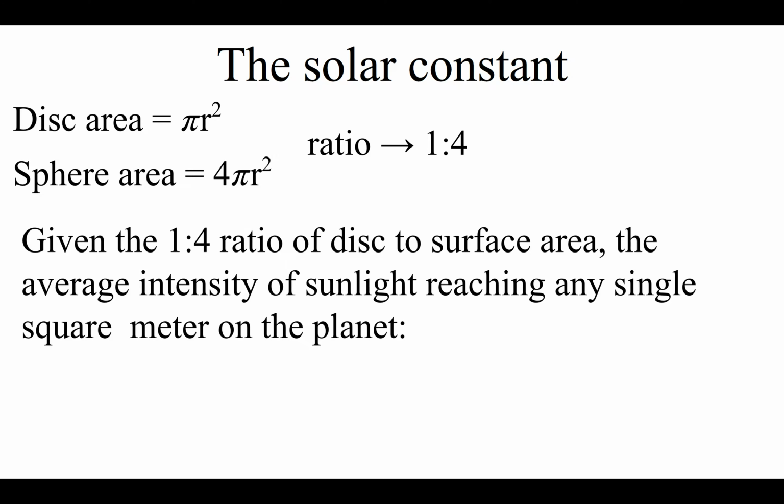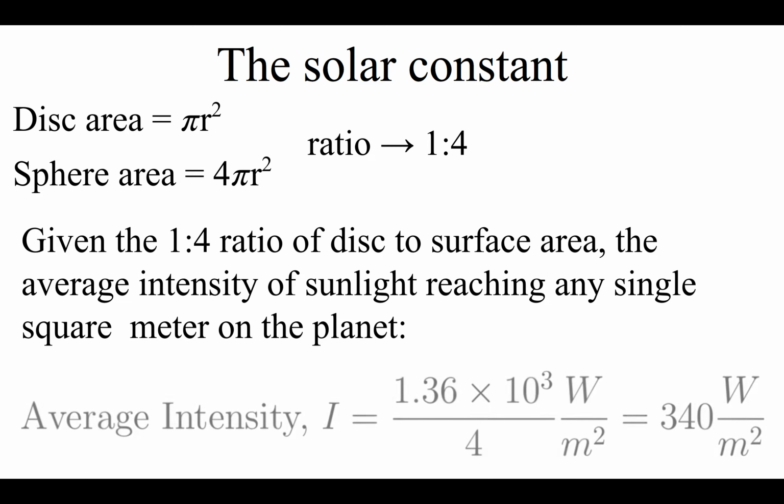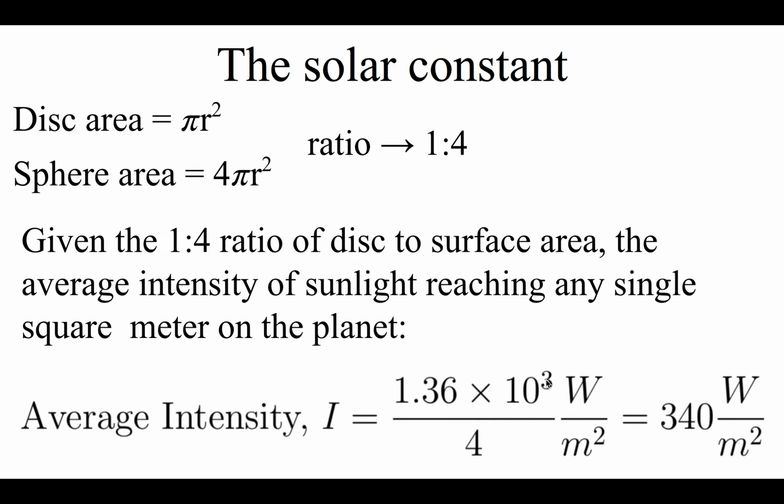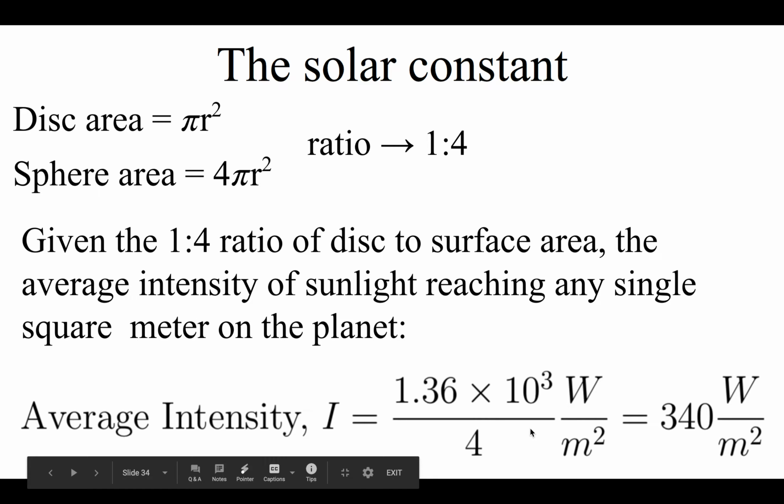Okay, so what we do then is we average out the intensity of sunlight reaching any area on the planet, and what we find is that the actual average intensity is equal to our solar constant divided by 4, and that gives us 340 watts per meter squared.